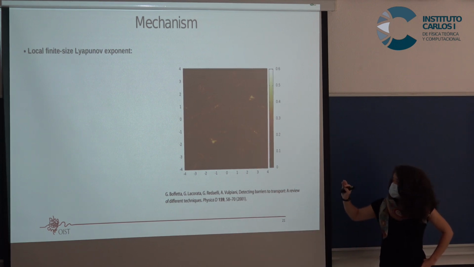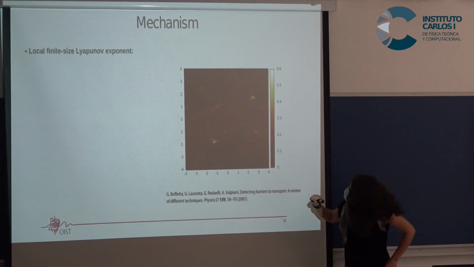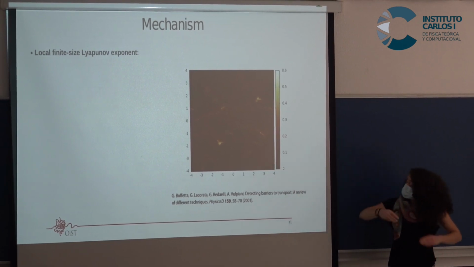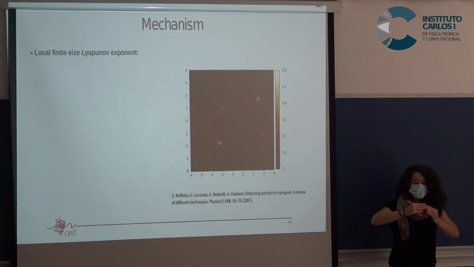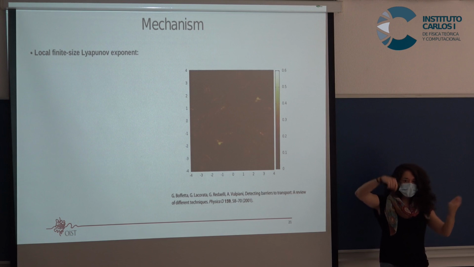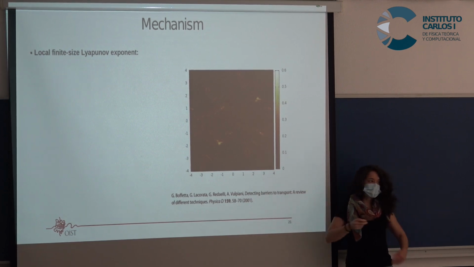So this exponent is basically developed to, I don't know if you see the image well, but it's seen that there are some barriers that make the population evolve with these filaments that we saw in the video. And this exponent characterizes these barriers.